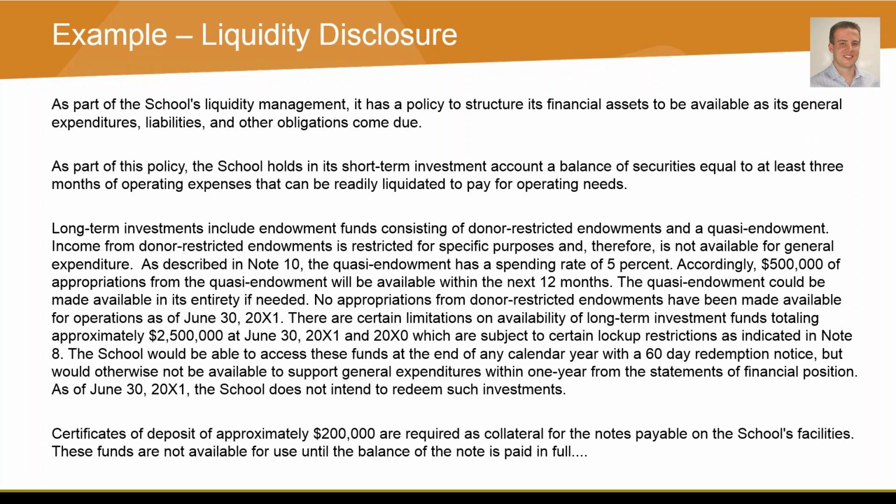So if you have investments in alternatives and partnerships that cannot easily be liquidated, you would have to talk about those and how they're not immediately available for liquidation. This one says the school would be able to access these funds with a 60-day redemption notice at the end of any calendar year, but currently they're not available to support general expenditure.